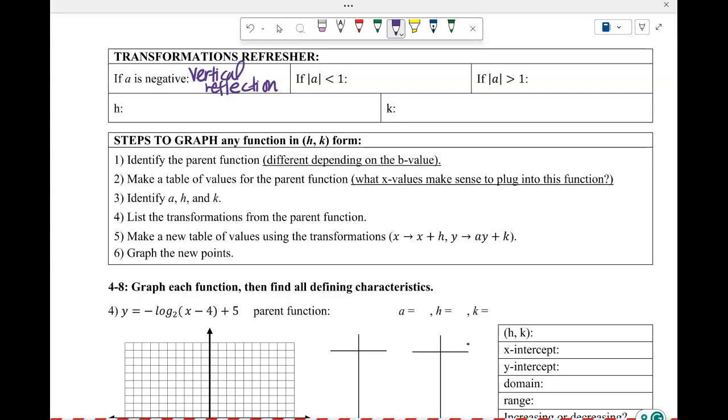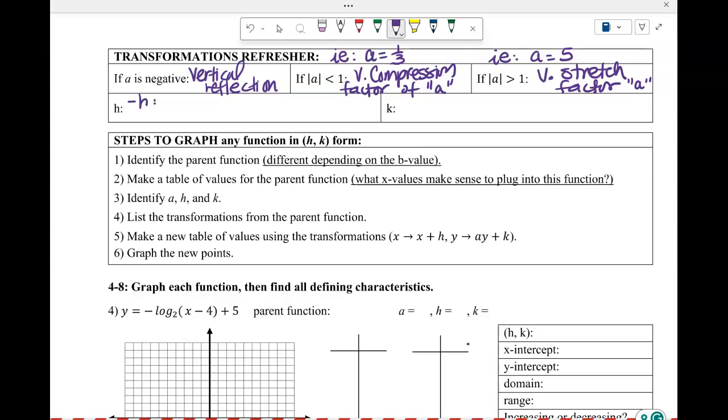If the absolute value is less than 1, i.e. if A is 1/3, this is going to be a vertical compression factor over A. If your absolute value is bigger than 1, i.e. if A is 5, this is going to be a vertical stretch factor of 5, but in this case I'm just going to write A.